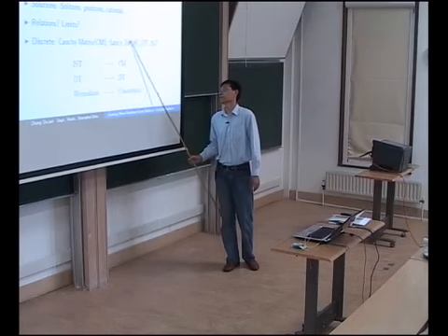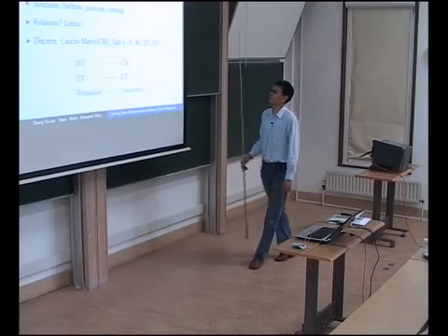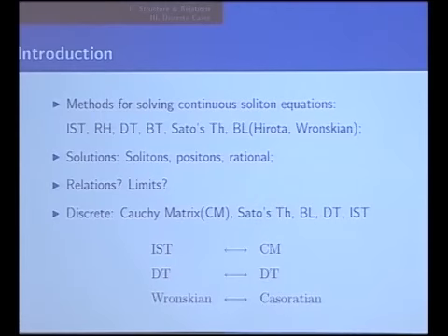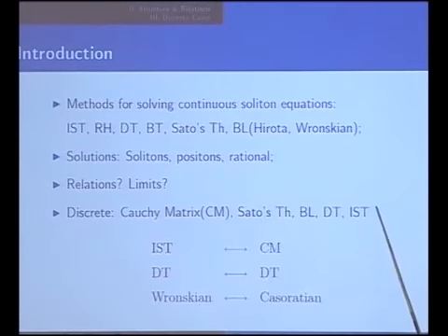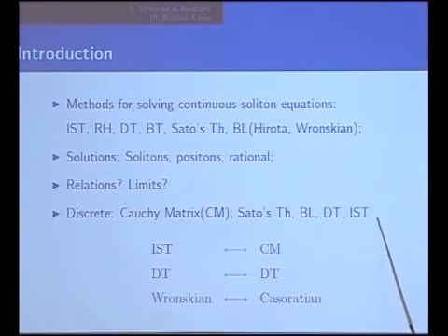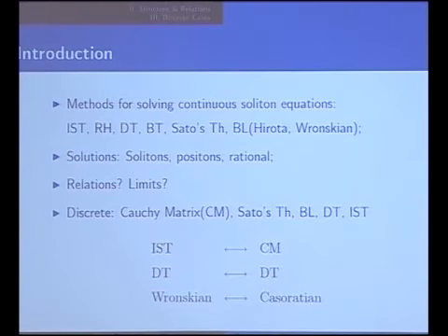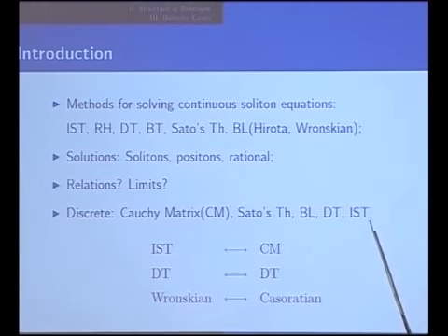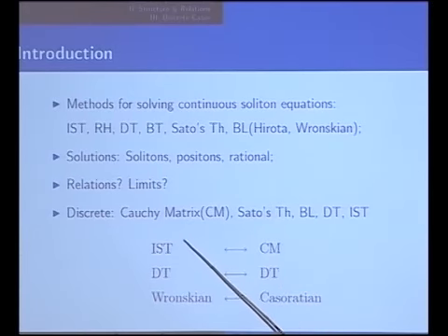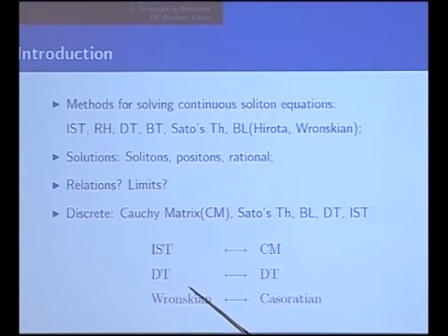For discrete systems, we also have solving methods such as Cauchy matrix method, Sato theory, bilinear and Darboux transformation, and inverse scattering transform. The inverse scattering transform is very early, maybe in 1975 or 6, given by Ablowitz and Ladik.